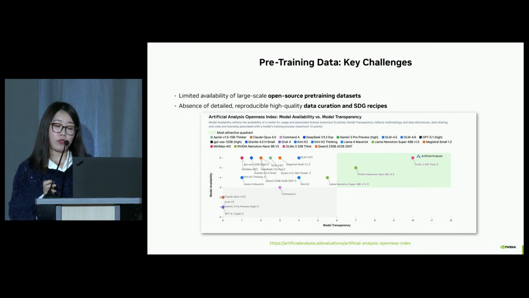OLMo 3 was pre-trained on around 5.9 trillion tokens, while Nemotron Nano V2 was pre-trained on 20 trillion tokens. That's the first difference. Second, if you check their tech reports, Nemotron Nano V2 performs much better than OLMo 3 in almost every aspect. So we believe our data is also higher quality.